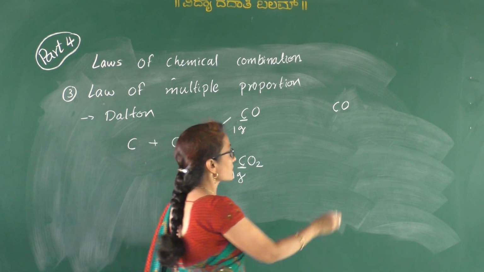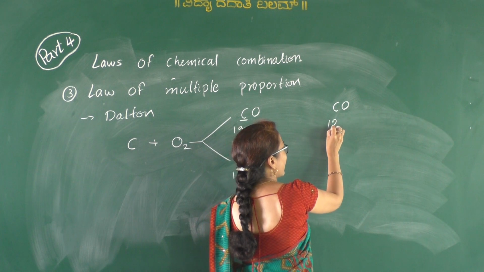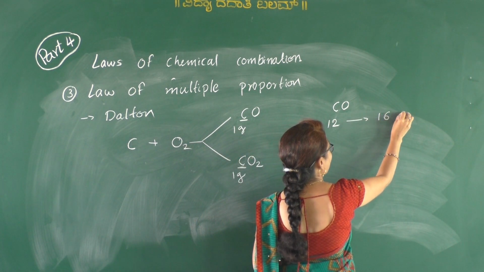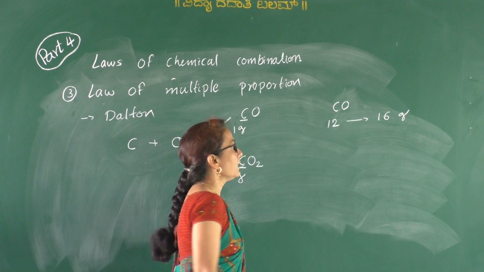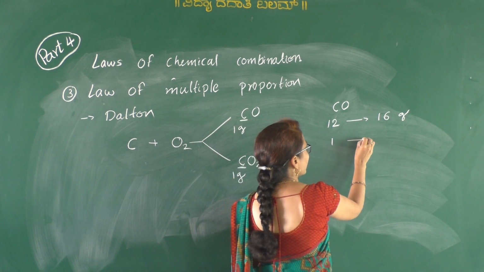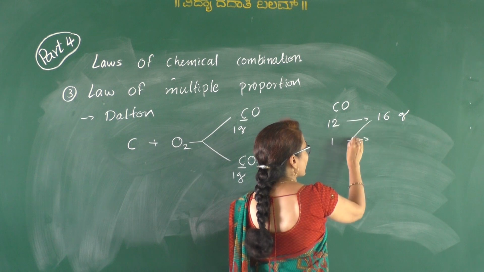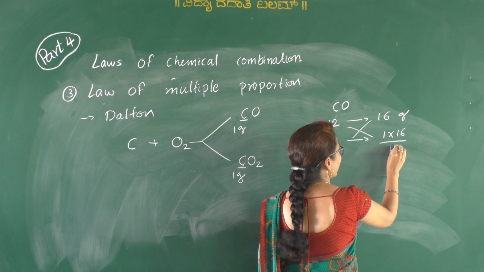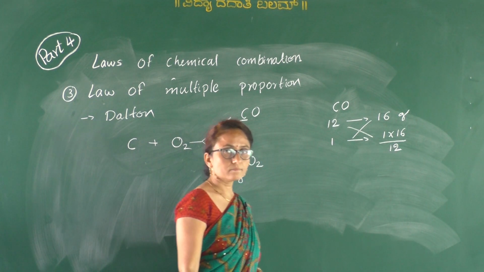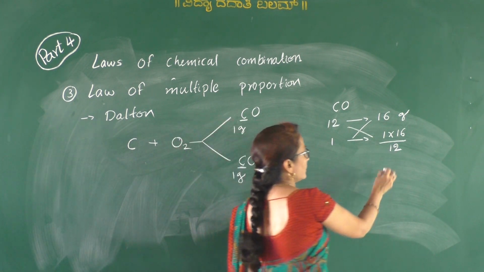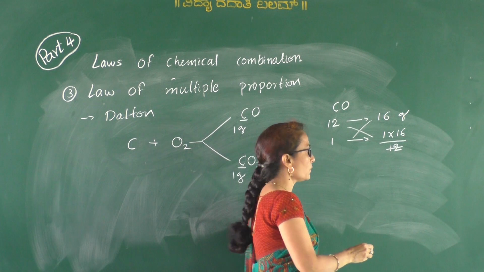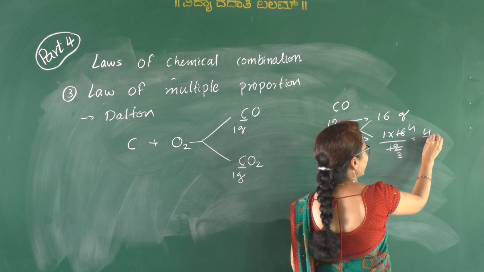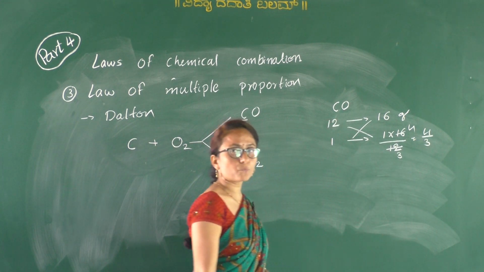The atomic mass of carbon is 12. So 12 grams combines with 16 grams of oxygen. If we take 1 gram of carbon, it combines with 1 into 16 divided by 12. Now divide by 4, so we get 4 by 3.